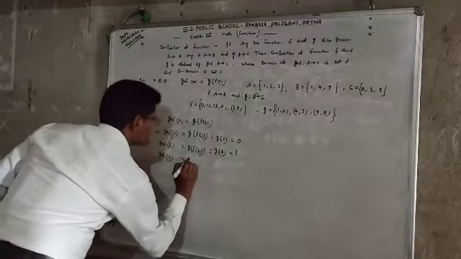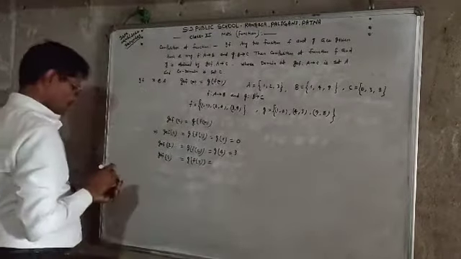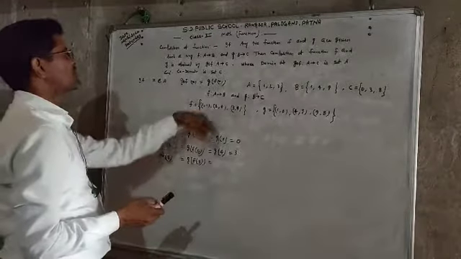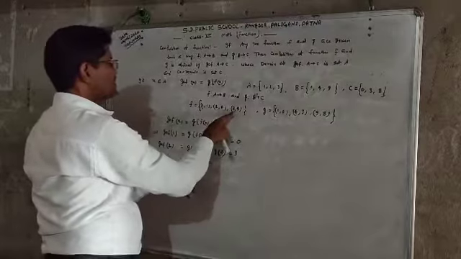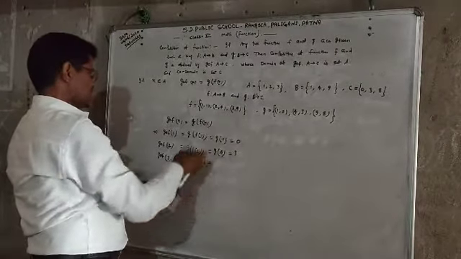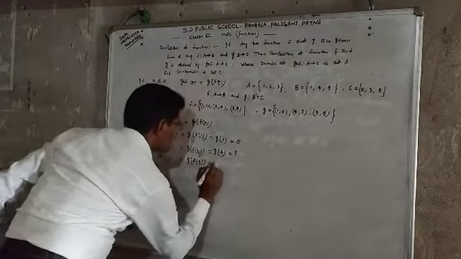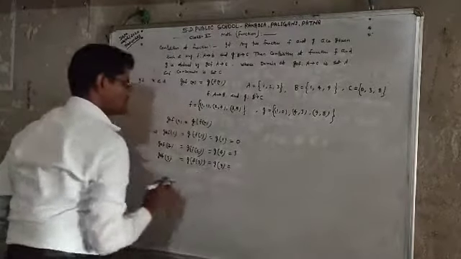gof3 is defined as g of f3. From the first function, 3 has image 9, so f3 is 9. We put the value of f3 in g of f3, which equals g9.